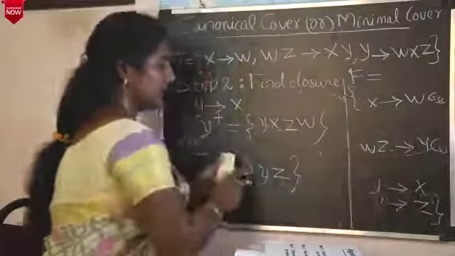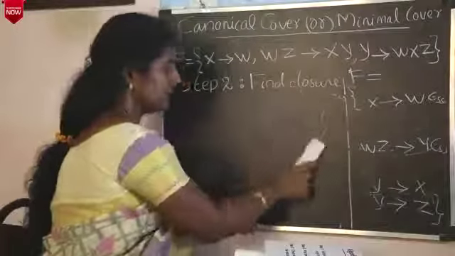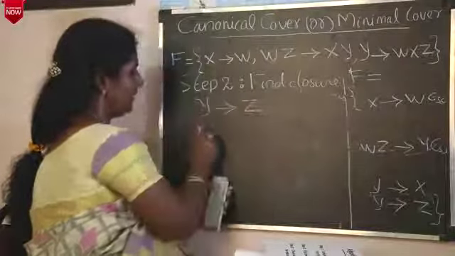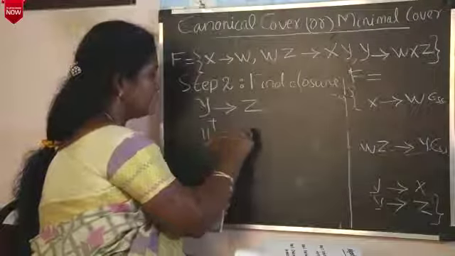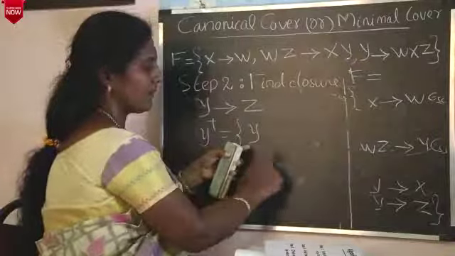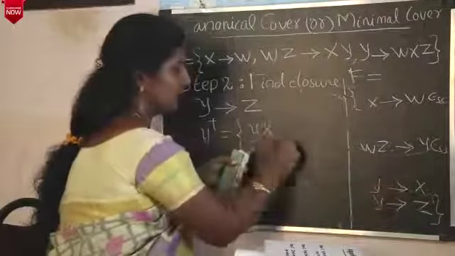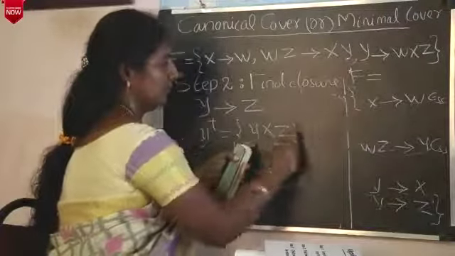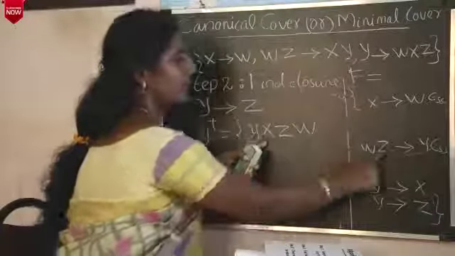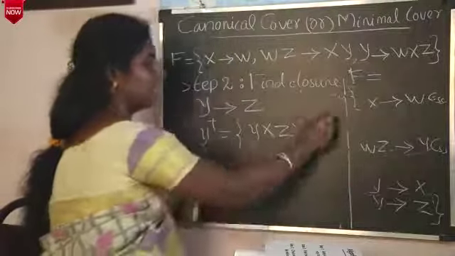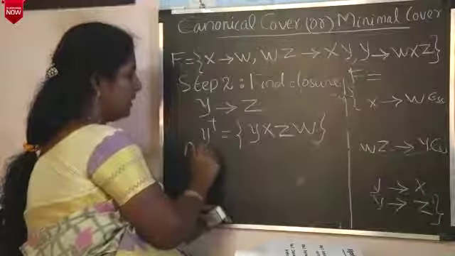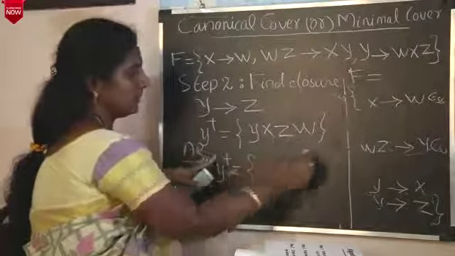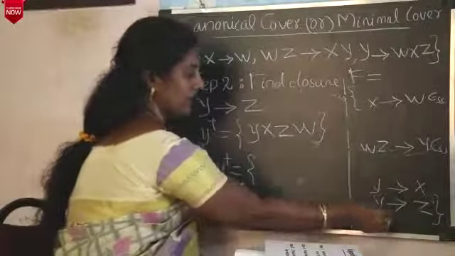And the next functional dependency is y determines z. So y closure is y determined by itself, y determines x, y determines z, x determines w, and w combined determines y, already included. Now after the removal of this, what is the y closure?